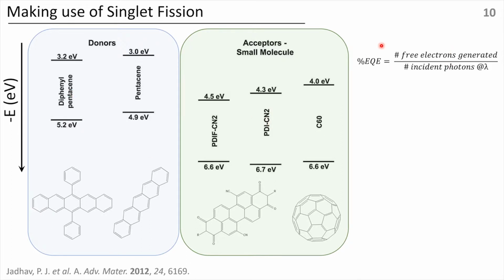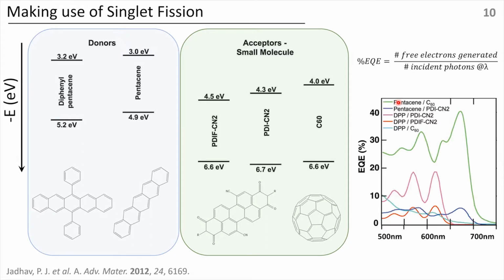They used this external quantum efficiency, which, for the sake of this video, doesn't matter. And after I've defined all the variables which are important to understand the results of Jadaf, I pull up the image of the actual results.